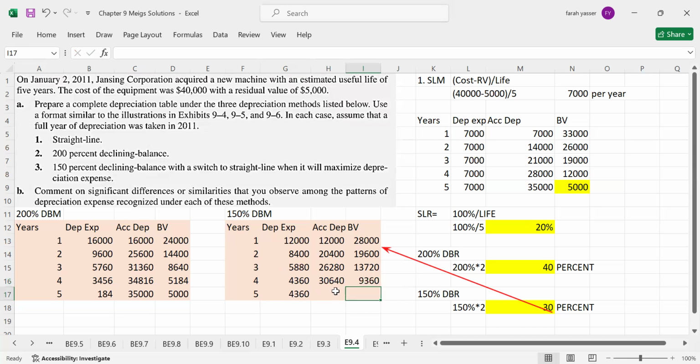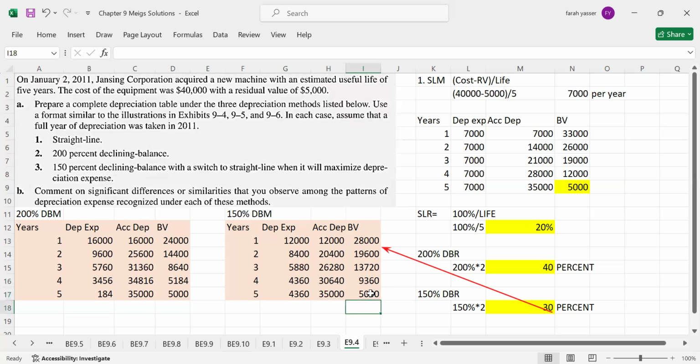30,640. Next year, accumulated depreciation is 30,640 plus current year depreciation, which is 4,360. Now we have book value, which should be equal to the residual value, and here cost is 40,000. We will deduct accumulated depreciation.